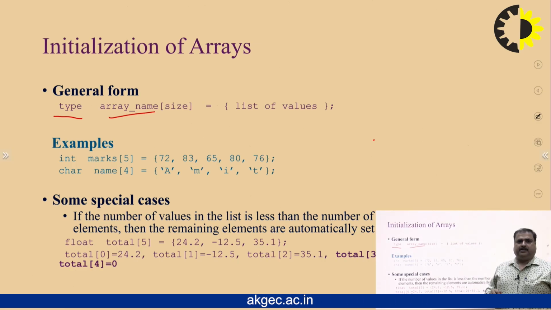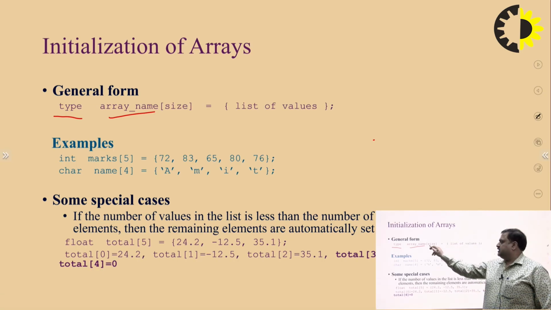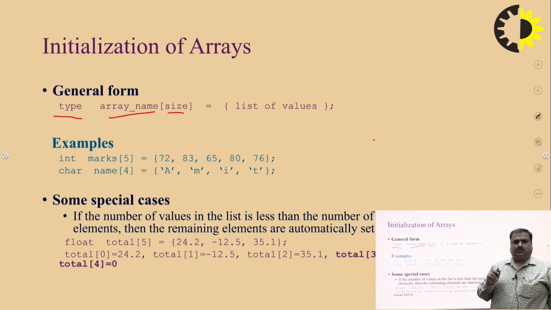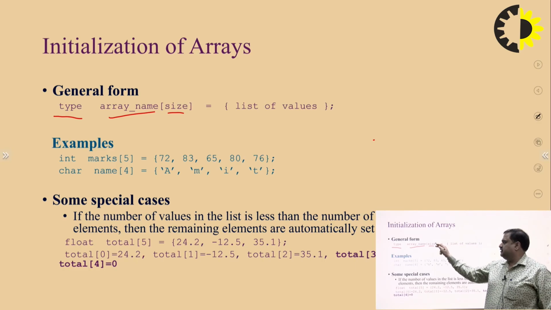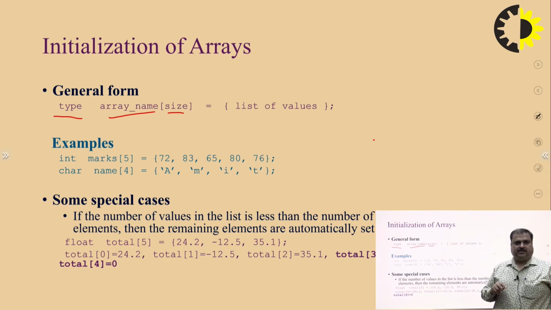All the rules of simple variable identifiers apply to the name of an array also. Then the size of the array. This size tells the compiler how many elements we can store in this array, and what size it will occupy in memory while executing. So this size gives information on how many memory blocks will be reserved.